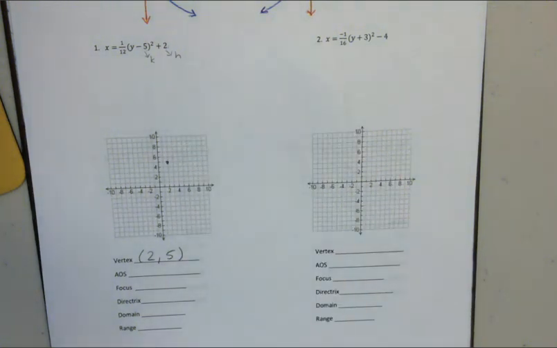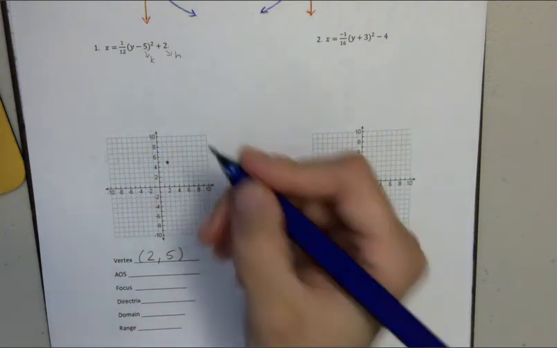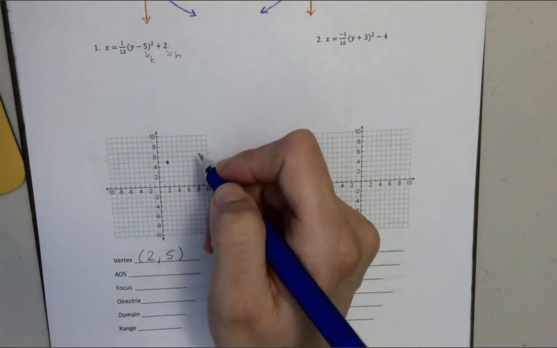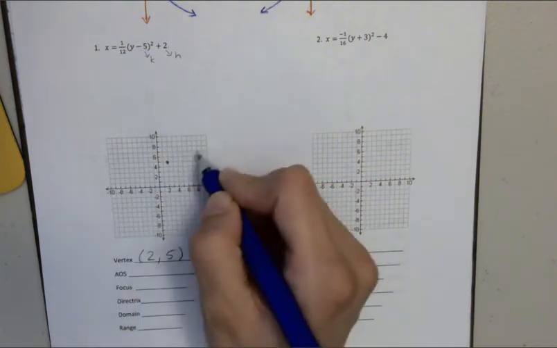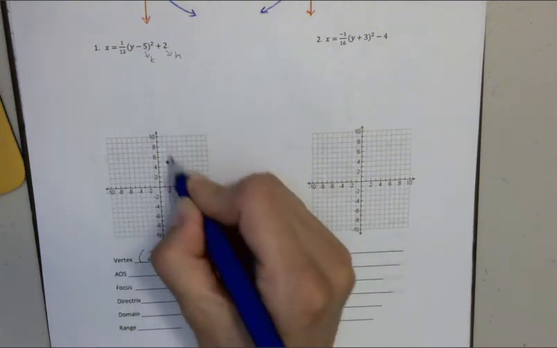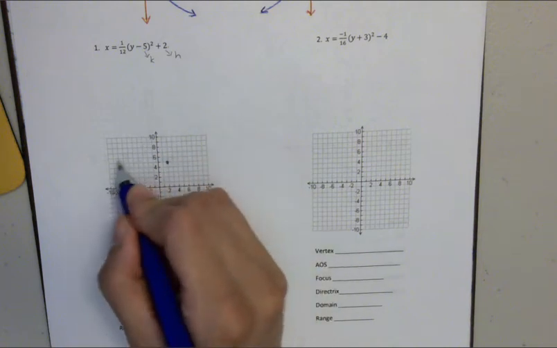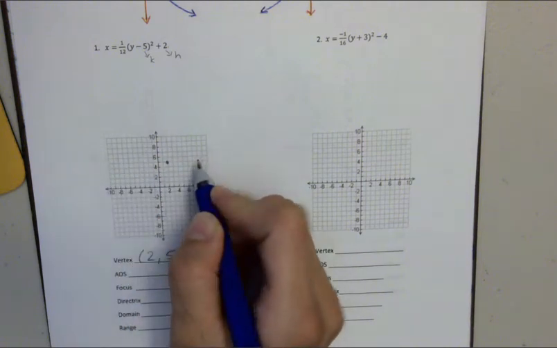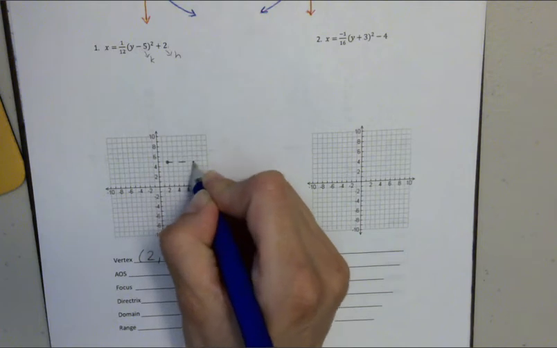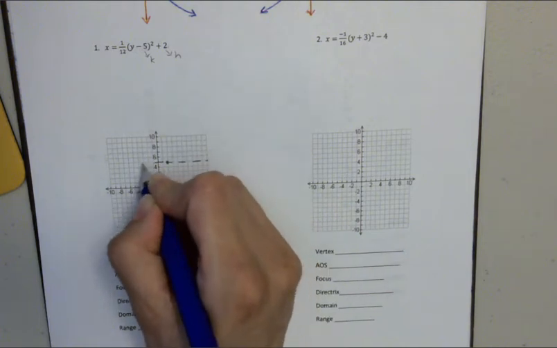Now that we have our vertex, we can sketch our axis of symmetry. We know these parabolas open to the right or to the left, which means the axis of symmetry is going to go through the y-axis. It's going to cut your parabola in half.